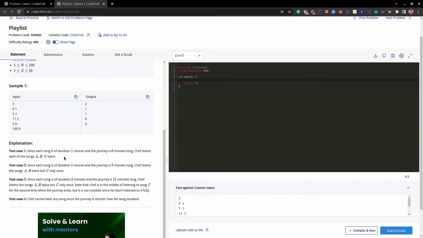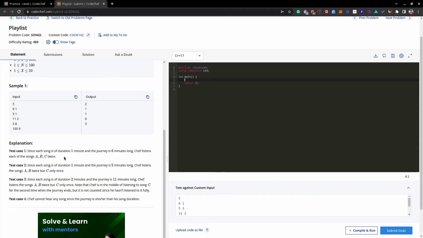Each song is 1 minute, then it will be three. So the total time is 6 minutes. In the next case, each song has a duration of 2 minutes, so 3 times 2 is 6.